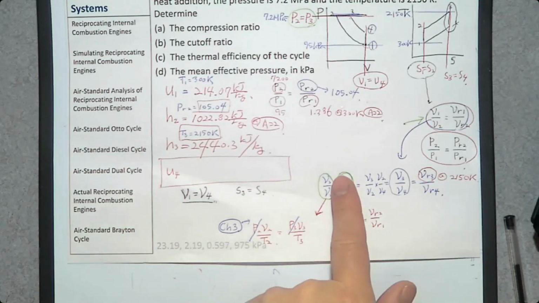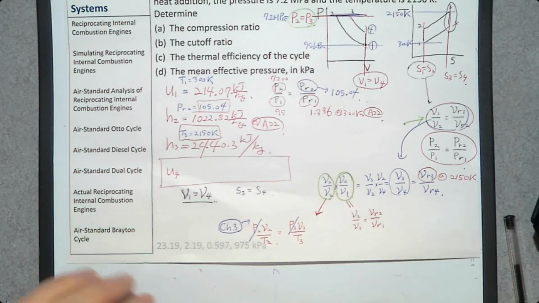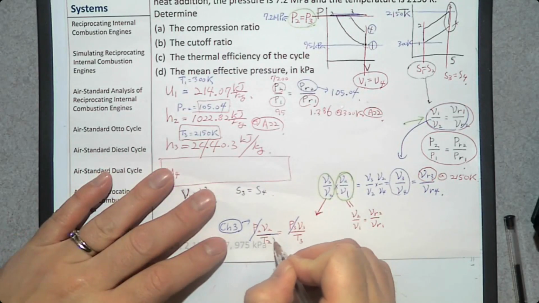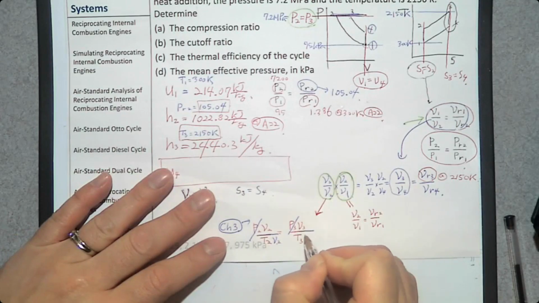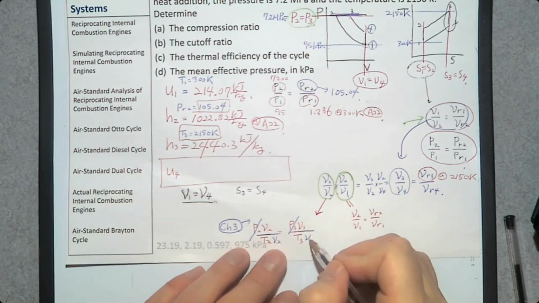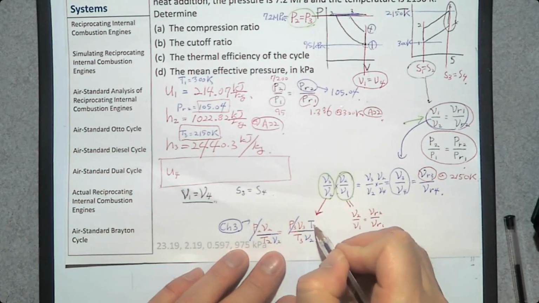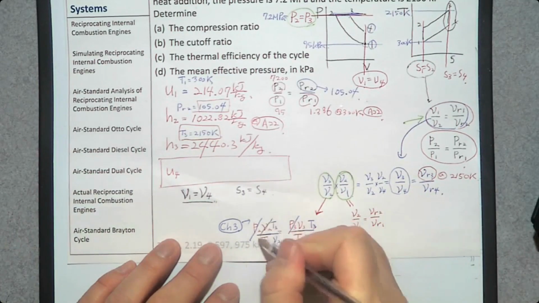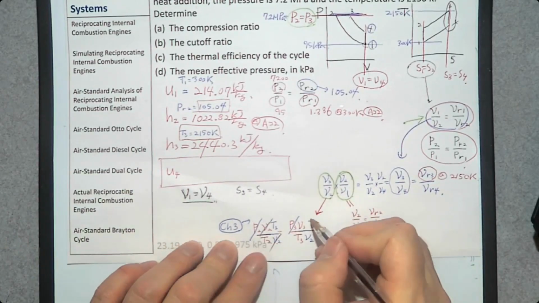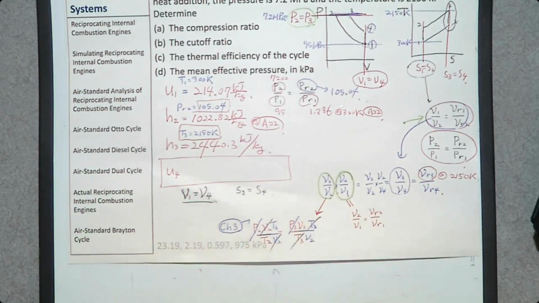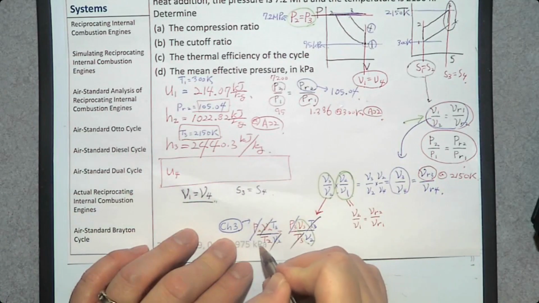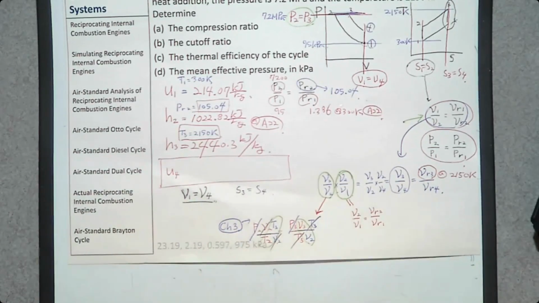And we want to determine V3 over V2. If you divide each side by V2 and multiply by T3, then V2 and V2 cancel out, and T3 and T3 cancel out. So V3 over V2 is the same as T3 over T2.